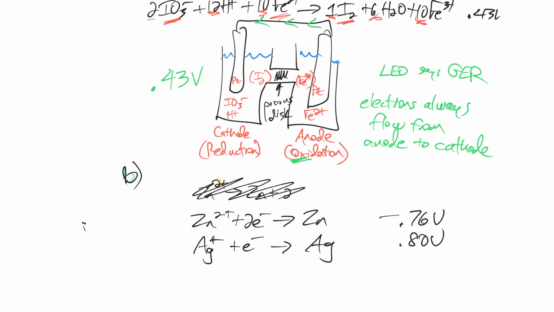One of those two has to be flipped around, so that when you change the sign of the voltage and add it to the other voltage, you still get a positive result. In this case, we'll need to flip around the zinc reaction. After flipping the zinc reaction around, so that it becomes an oxidation half reaction, we get something that looks like this.